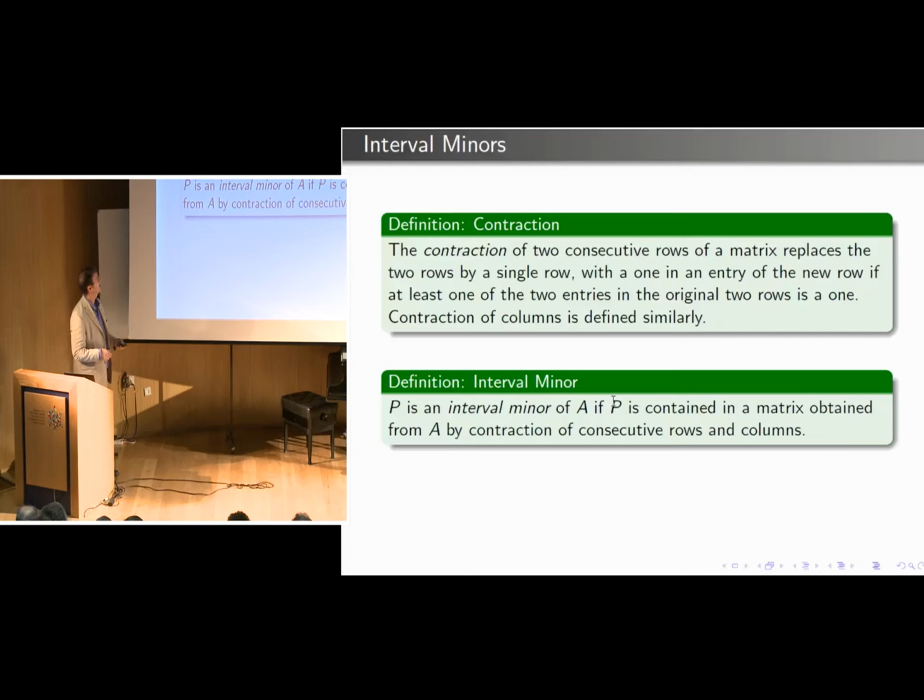Why is this an interesting notion? Well, it's a very different notion from the usual containment, but if P is a permutation matrix, you can check that it's equivalent. So interval minor is equivalent to the usual containment order for permutation matrices.